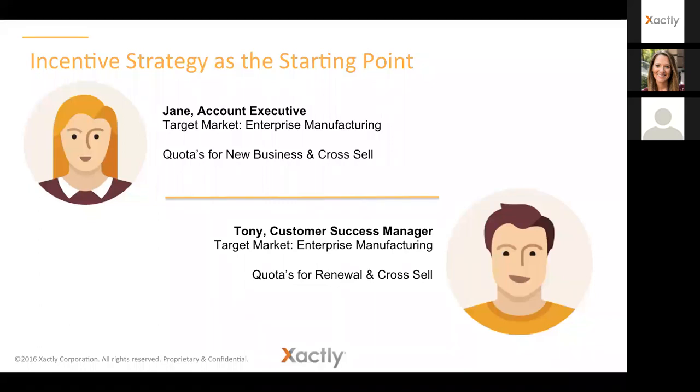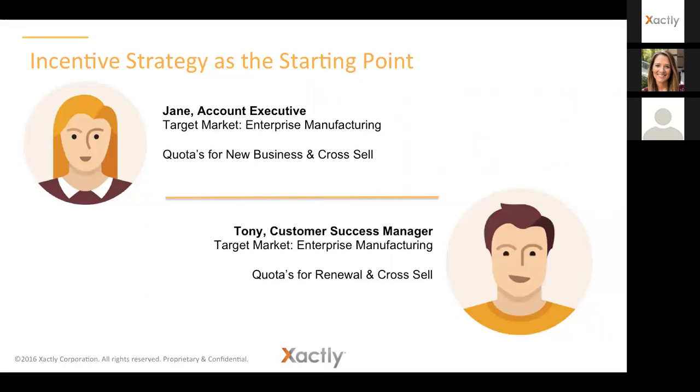And then she hands those deals over to Tony, where he steps in with new customers, and then he manages that relationship over time. I suspect many of you have similar sales organizations. You may have many types of Janes and many types of Tonys, but typically a lot of us have this kind of breakdown.